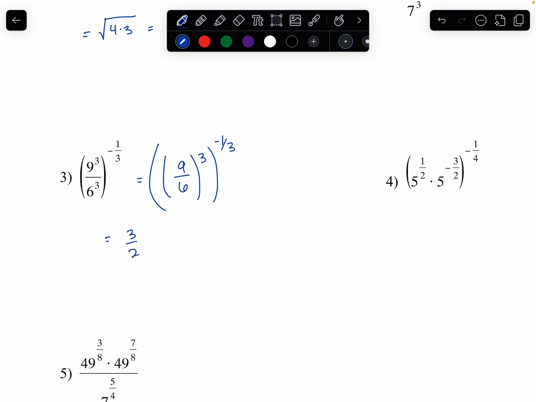So that would be 3/2, and then 3/2 is going to be raised to the negative 1 power, because when I multiply 3 by negative 1/3, that's a negative 1. And then with negative exponents, I can use the reciprocal, so this would be equal to 2/3 to the first power. But I don't really need to write it as to the first power, so I'm just going to write it as 2/3.